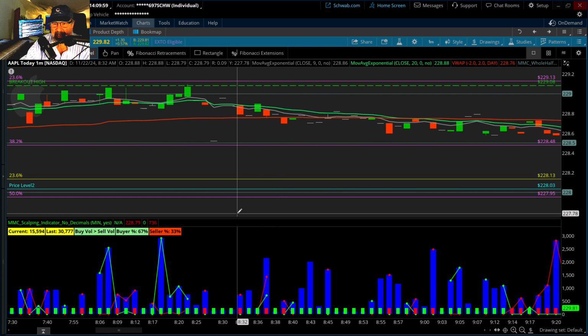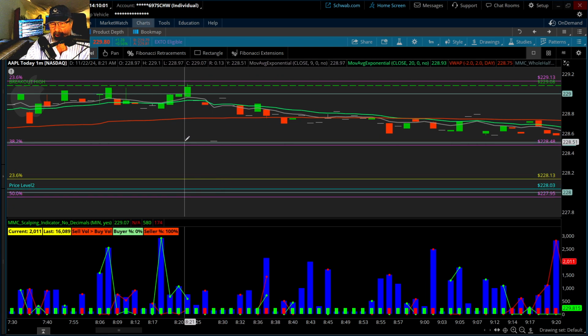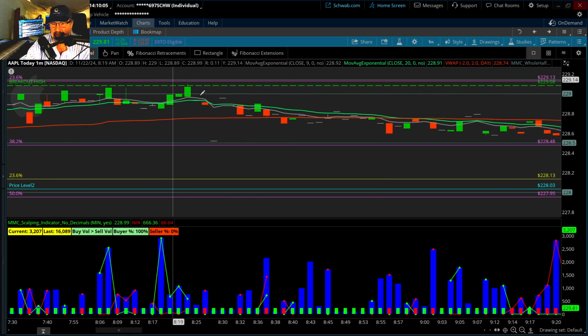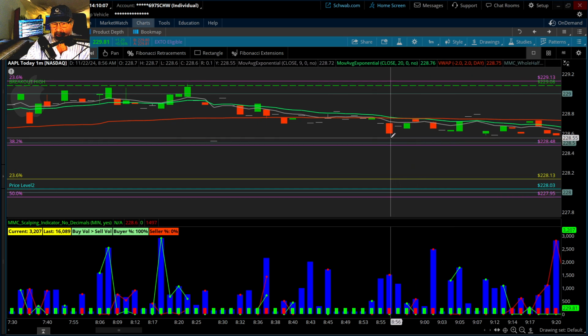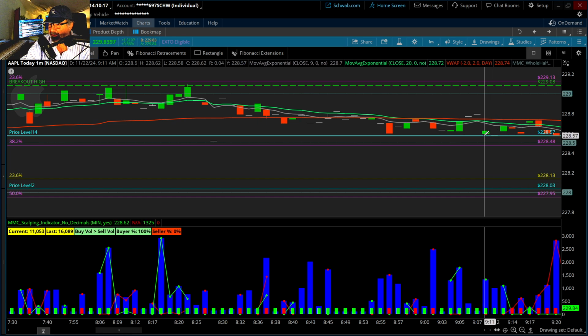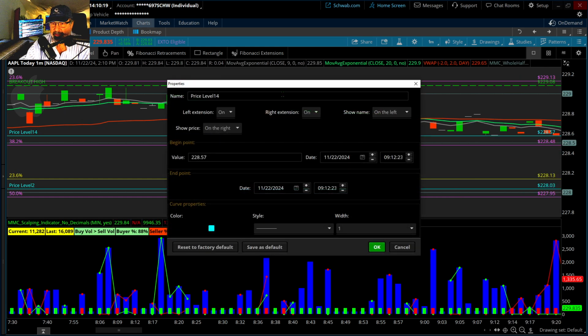So there's the breakout high. And now we can go all the way to 9:15 to find the lowest candlestick. And that is right here, it looks like, right? Well, there was kind of one right there, and there was one right here. That's at like 9:12. So let's mark that the breakout low.